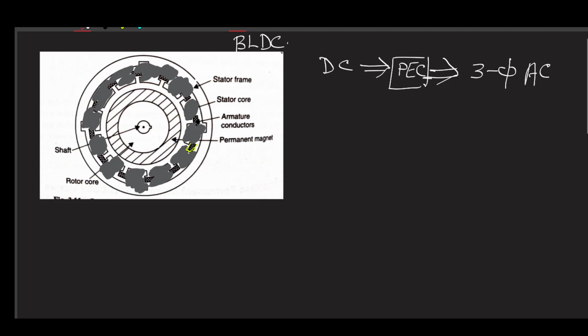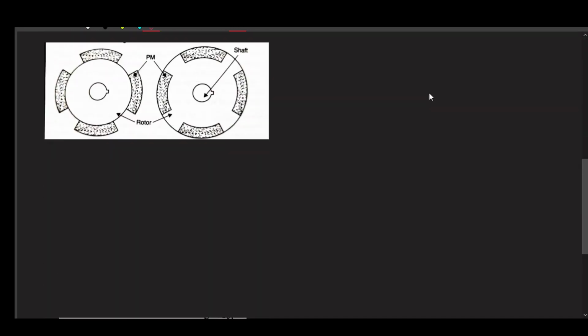Now for successful commutation we need feedback from our rotor, and that is why we commonly use Hall sensors. Two different kinds of structure we can have.